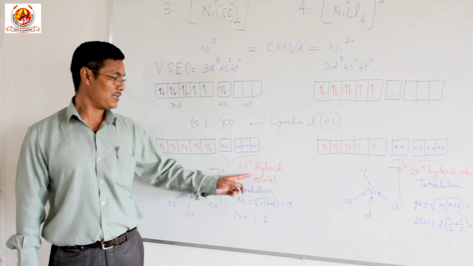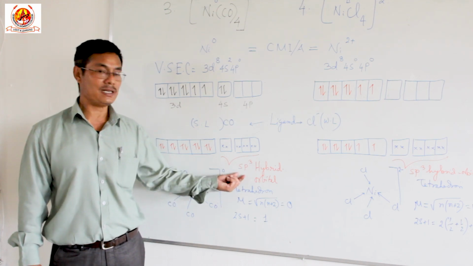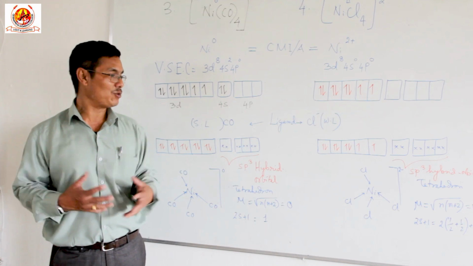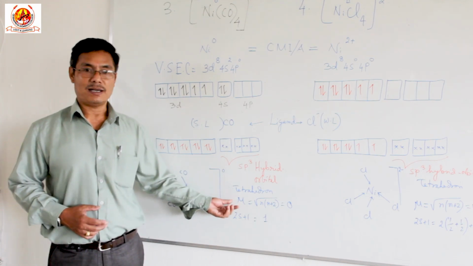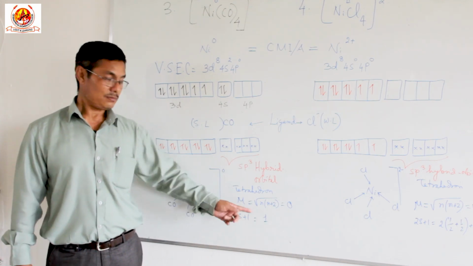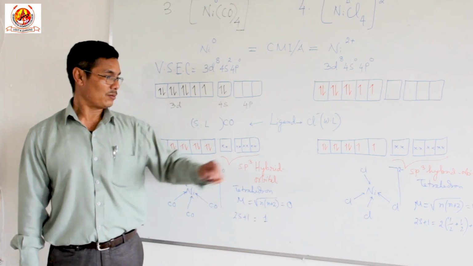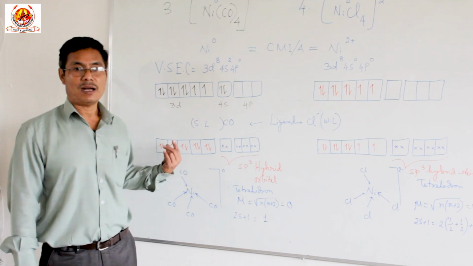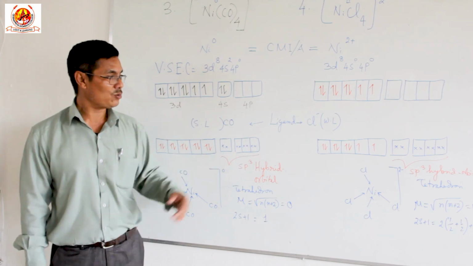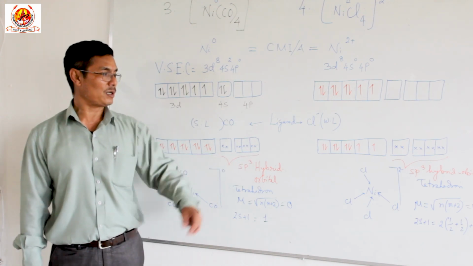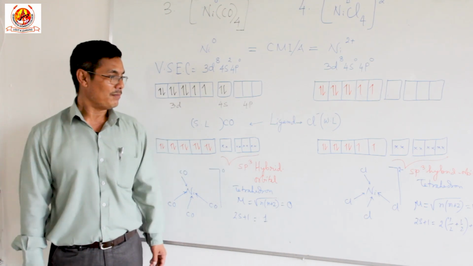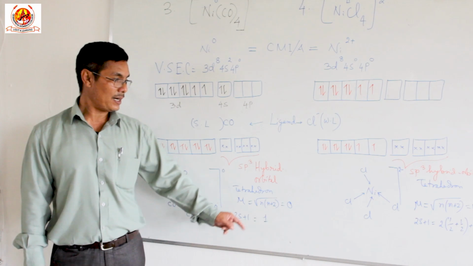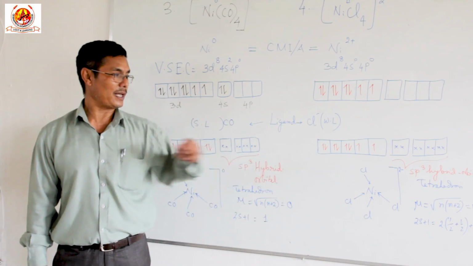The first property is hybridization. Here the hybridization is sp3, and here also the hybridization is sp3, the same geometry. And the magnetic moment is given by this formula. Here the magnetic moment is 0 because there is no unpaired electron, but in this case, due to the presence of two unpaired electrons, it shows a magnetic moment of root 8, that is, 2.83 Bohr magneton. The spin multiplicity here is 1 and there it is 3.